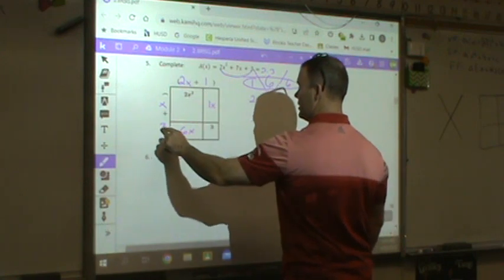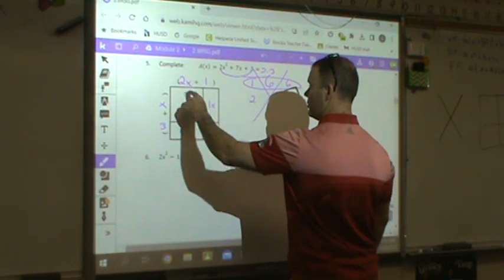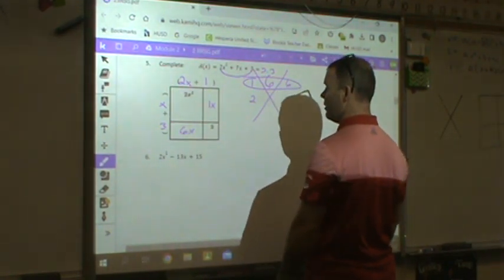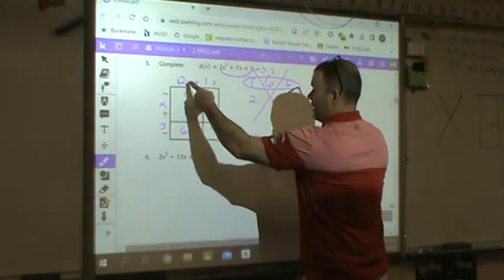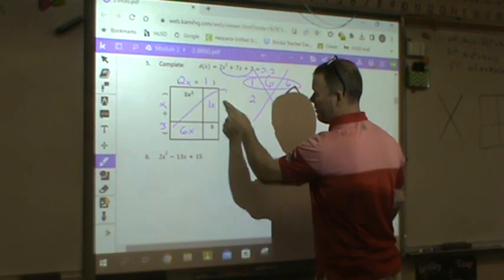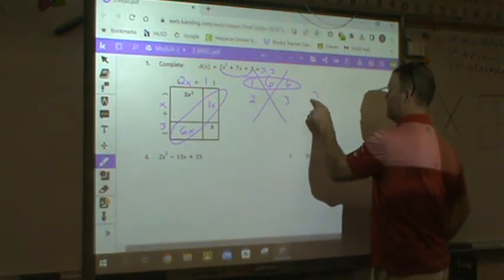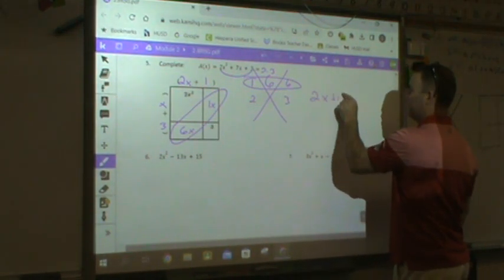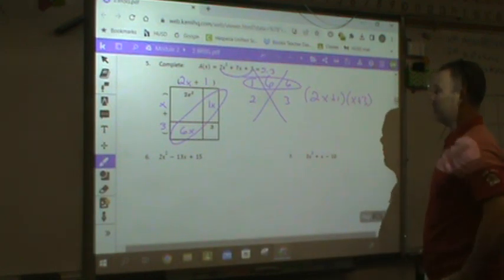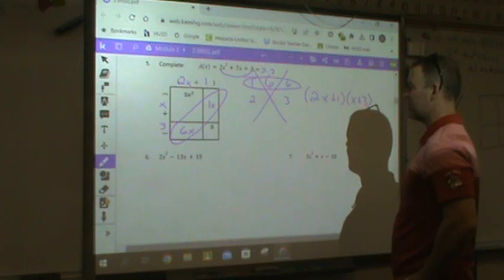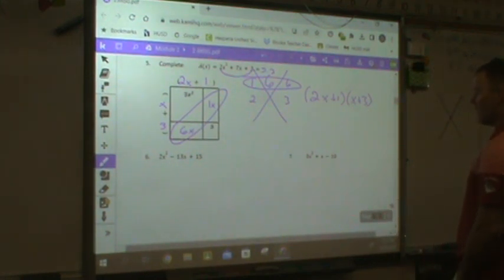Well, gee, 1 times 3 is 3. 2 times x is 2x squared. So now I'm just going to go back and say, did I multiply this correctly? I got to combine these to get 7x, so it looks like I did. So 2x plus 1 times x plus 3 end up being my factors. Notice how I use the x to list my factors.